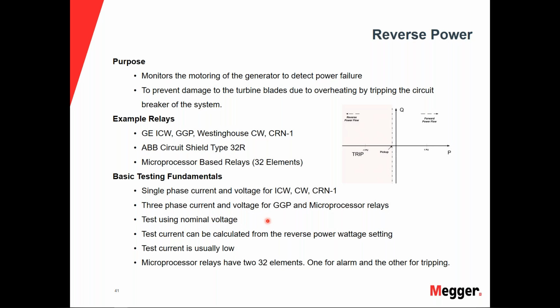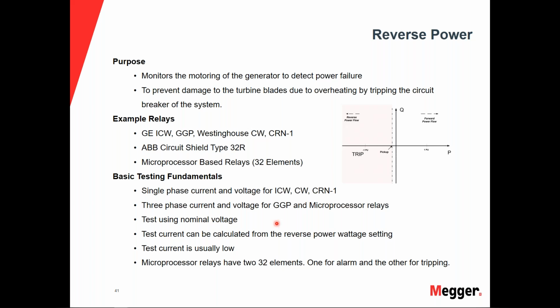For the three-phase, if you're doing a GGP or a microprocessor relay, it's a lot easier to test using three-phase. It makes the test easier to configure, and also you can just calculate it in three-phase just like it's actually going to be in the system. So anything that we can get as close to testing like it is in the system, the better we are.